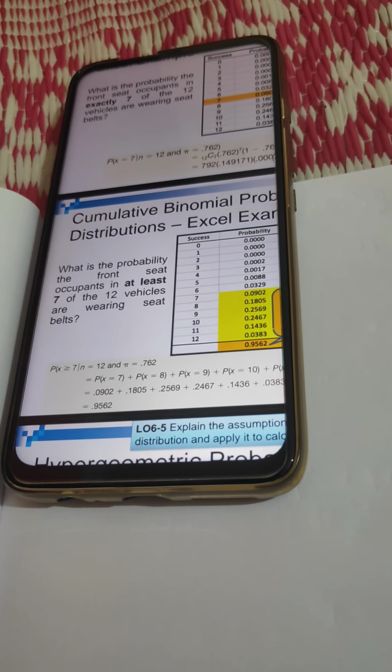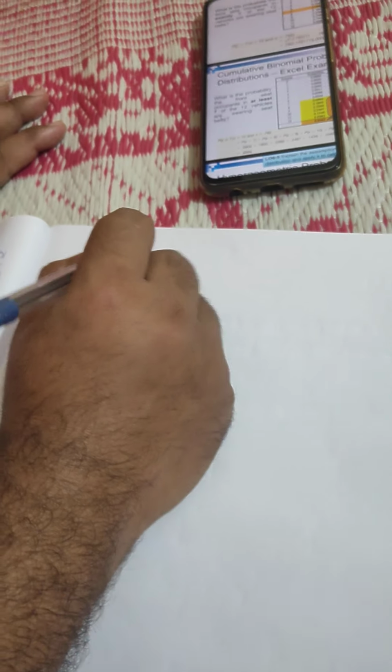So in any case you have a complement event, and I said this the other day.